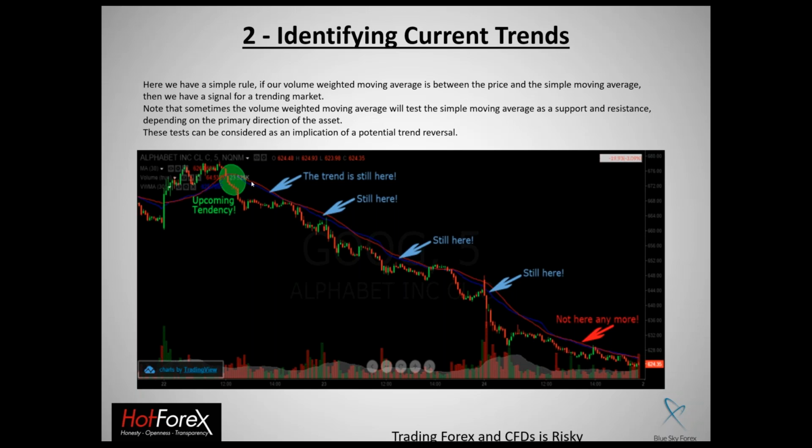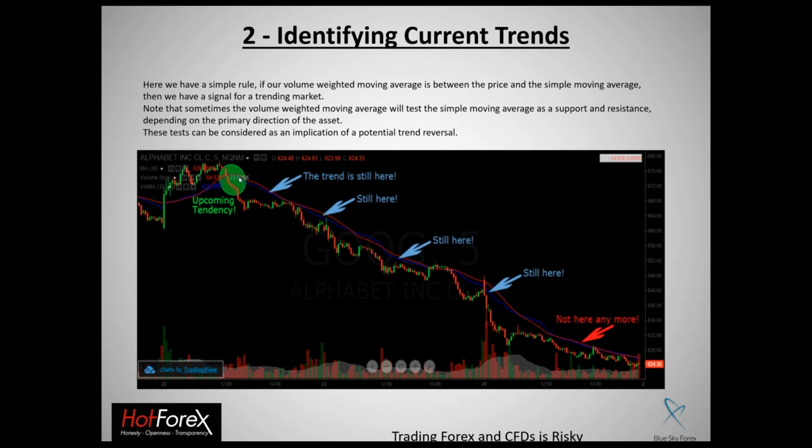The exponential moving average is more sensitive to the current price movements than the simple moving average is. Thus, you will quite often see the exponential moving average moving ahead of the simple moving average in the direction of the price. The volume weighted moving average during a trend behaves in a similar way.